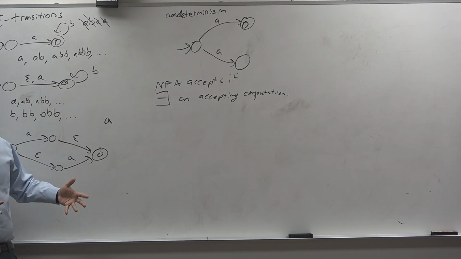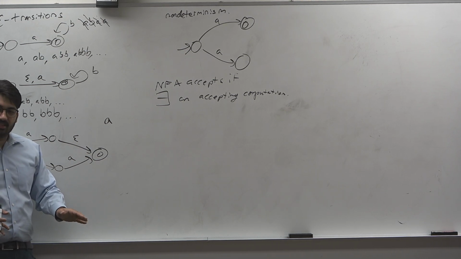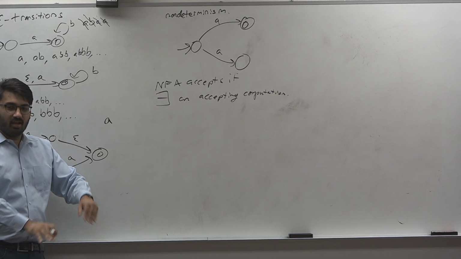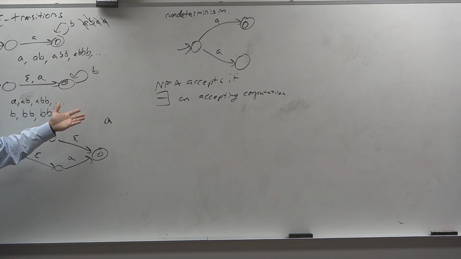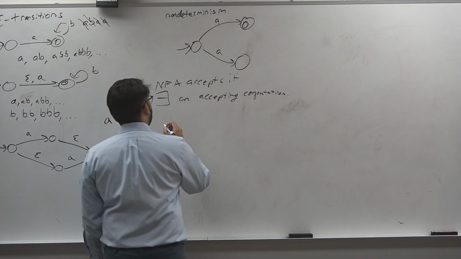Now, in an NFA, there are many possible paths. You can go one way on a computation, you go another way on a computation. It's not definitive. Unlike the DFA, which is deterministic, the D in DFA is for determinism. You go here, you go here, you go here, you're done. And it's certain you landed on a single accept state or a reject state. Here, we're not sure. But we say as long as one of the paths is accepting, then we accept. Now, when does an NFA reject?